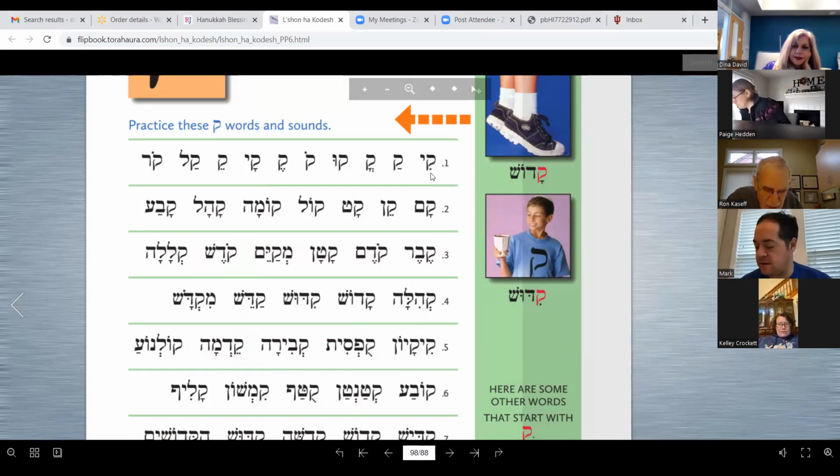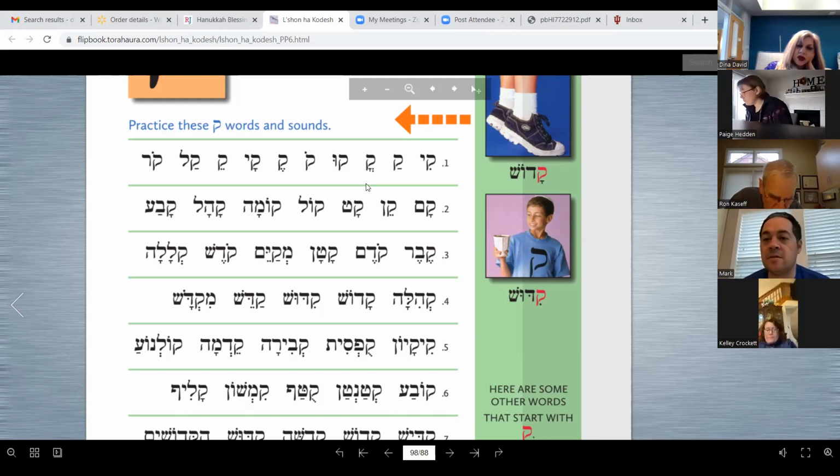Is that the tsa? No, it's a kuf, so key. It's like a key, K sound. Ki, ka. That's an O vowel, so it will be ko. What is this one? Ku, very good. Ko.